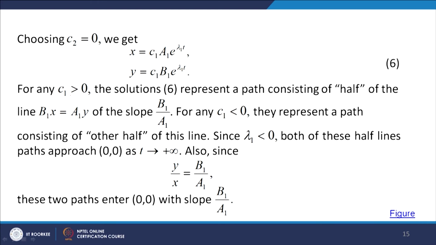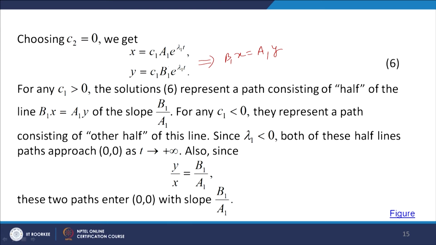Now, here you can see when C1 is greater than 0, these solutions represent a path consisting of half of the line b1 x equal to a1 y. If you eliminate C1 here, what you get? These two give you b1 x equal to a1 y, when we eliminate this.